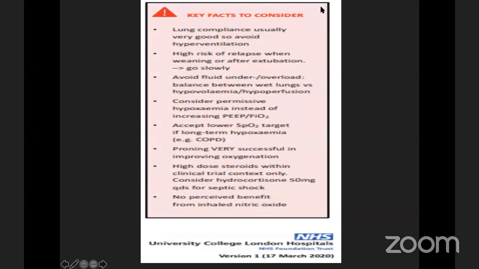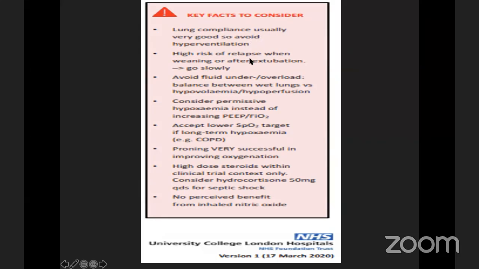So in COVID, there are special key facts. Actually, you have to keep it in consideration. You have to keep it in your mind, because some patients actually have good lung alveoli initially, which is called low resistance, because they don't have that much resistance. But later on, they can develop high resistance.